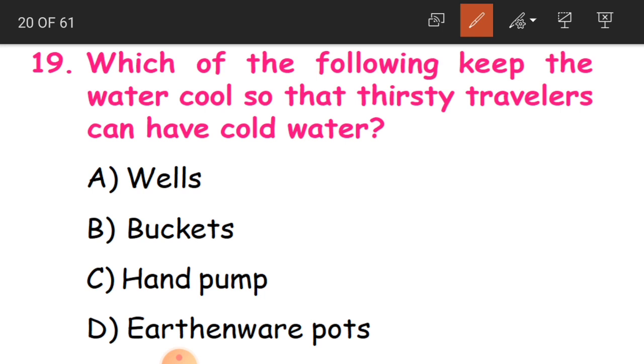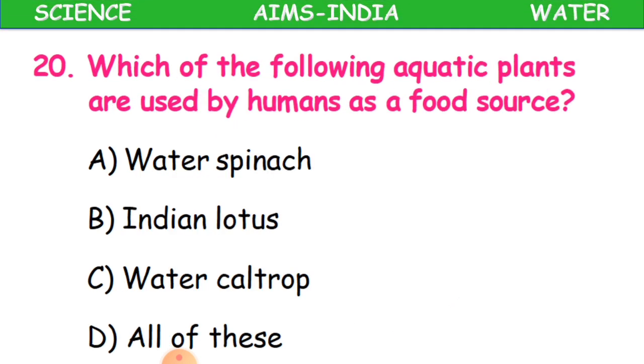And what do they keep to keep the water cool? Wells, buckets, hand pump, or earthenware pots. We have already learned that we can keep the water cool in earthenware pots. So option D is the correct answer.